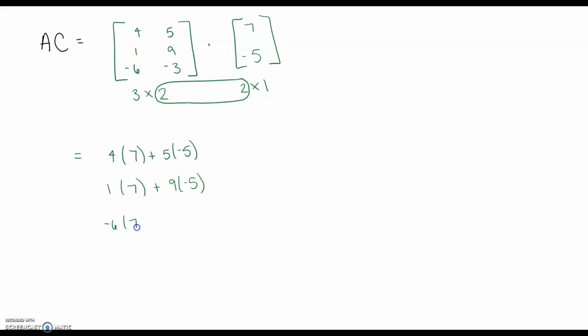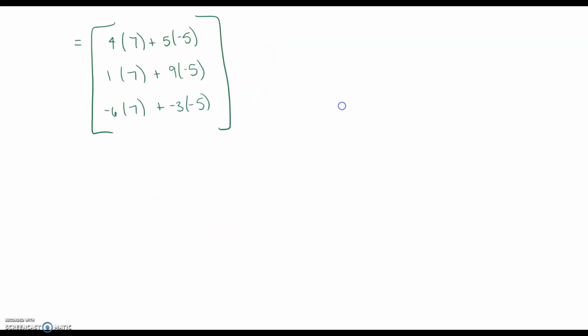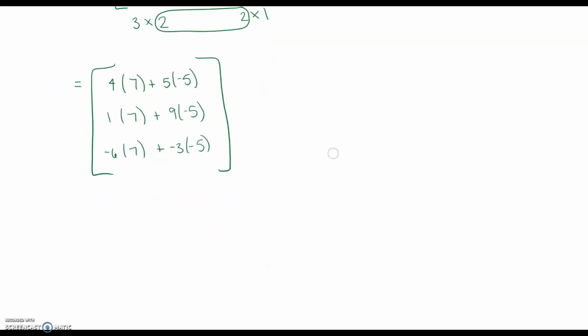Negative 6 times 7 plus negative 3 times negative 5. So 28 minus 25, 7 minus 45, negative 42 plus 15. And we are done.